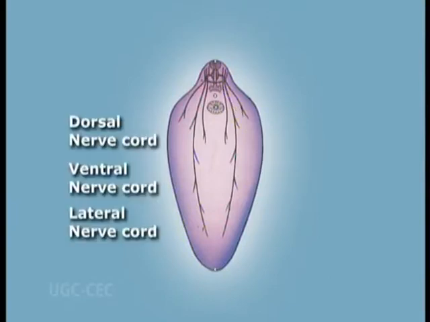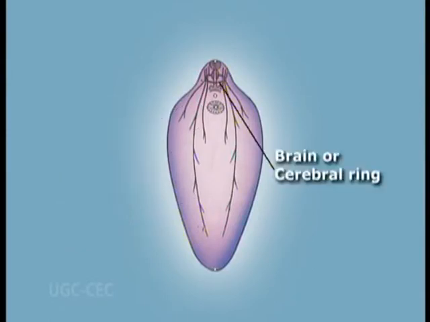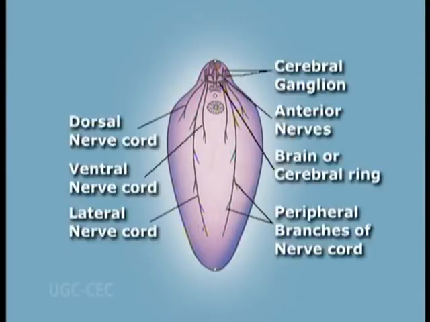The three pairs of longitudinal cords run backward and are connected through the commissure, and the anterior part has fine nerves arising from the brain. So, by these nerves, this commissure and this ganglion, almost the whole nervous system is completed and connects almost all the parts of the body.